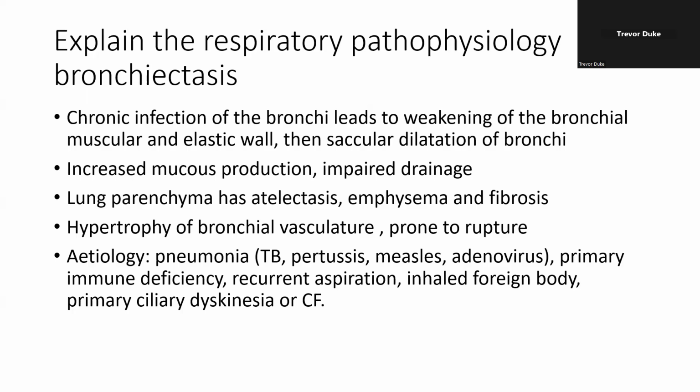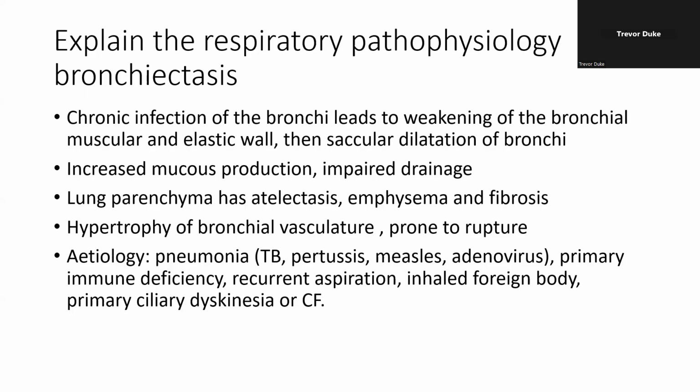Ultimately, you get sometimes pulmonary hypertension or hypertrophy of the bronchial vasculature, and that can also lead to bleeding and inflammation, and sometimes even rupture of the bronchial vasculature into the damaged airways, and that's why a child with bronchiectasis can have hemoptysis.